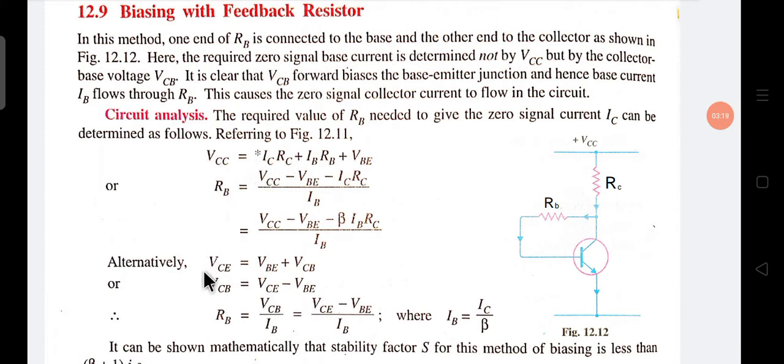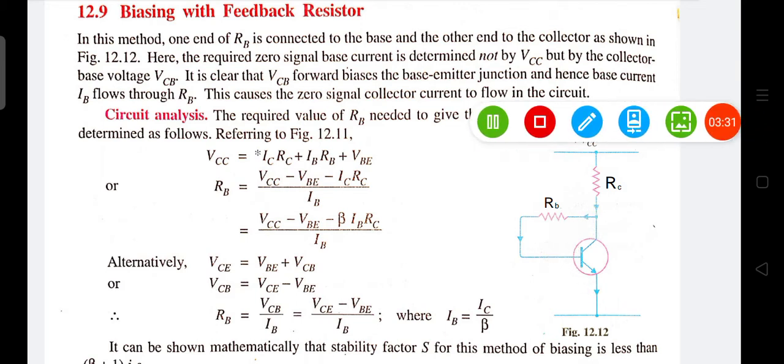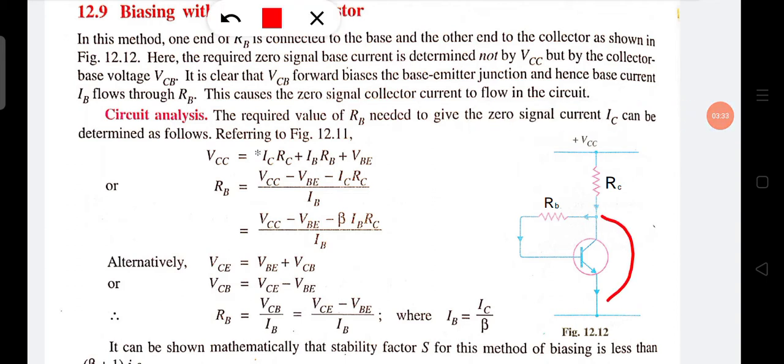Alternatively, we know VCE, the collector emitter voltage, is equal to VBE plus VCB. That means this voltage is the sum of this voltage and this voltage.